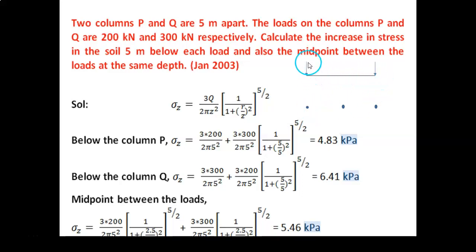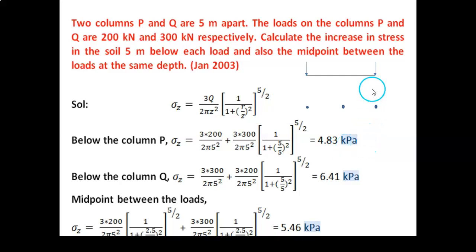For the direct load, radial distance equal to 0. So for the direct load, the increase in stress is 3Q by 2 pi Z square. For the neighboring load of 300 kN, the radial distance is 5 meter. So taking these values in the equation, we'll get the increase in stress is 4.83 kN per meter square.